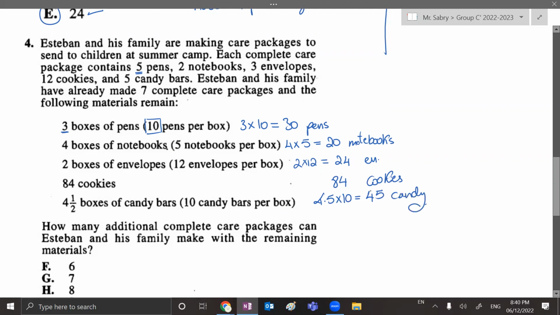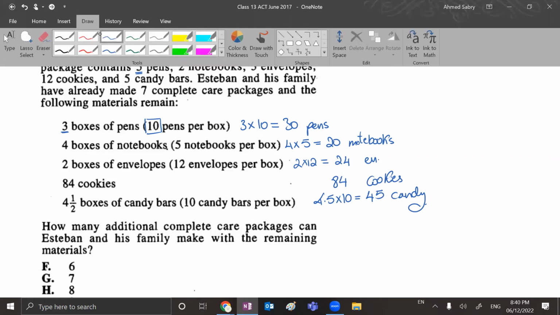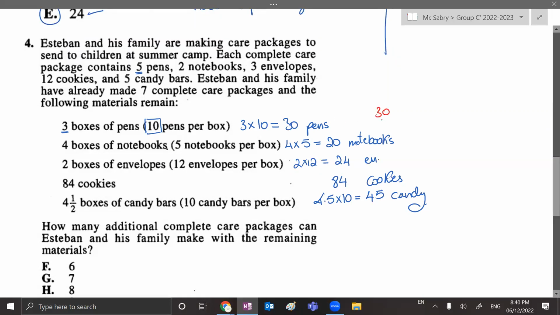Good. So as I said, if I divide the number of pens, the 30, by the number of pens needed for each care package, I'll know I can create 6 packages from this. Now if I divide the notebooks by 2, 20 by 2, I'll have 10 packages. Now that doesn't make sense, that I'm going to be able to do 10 packages, because the pens will only be enough for 6.